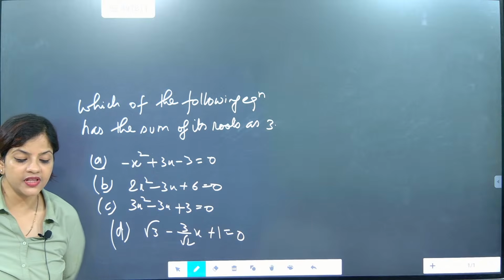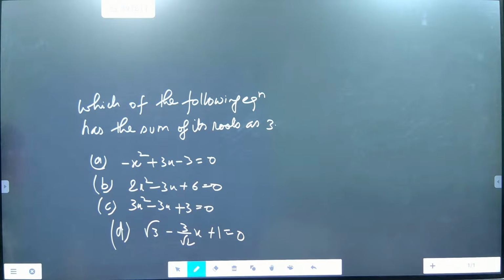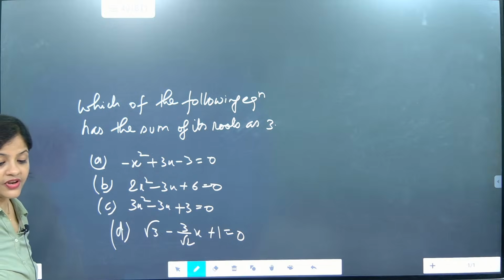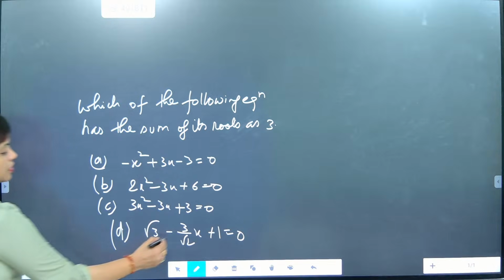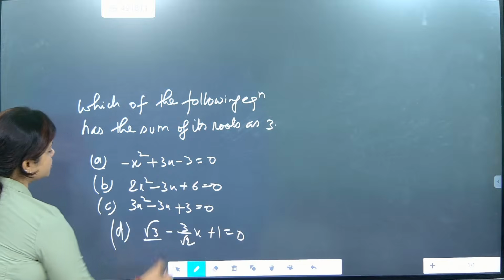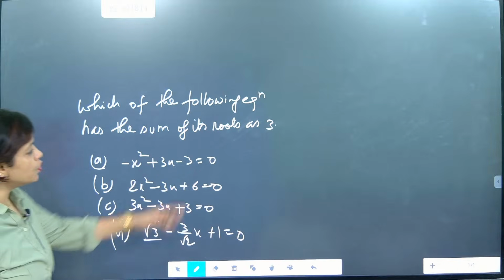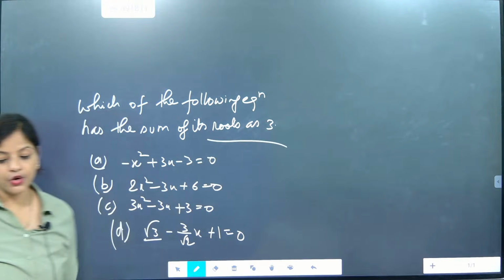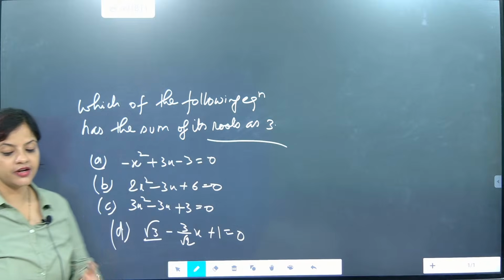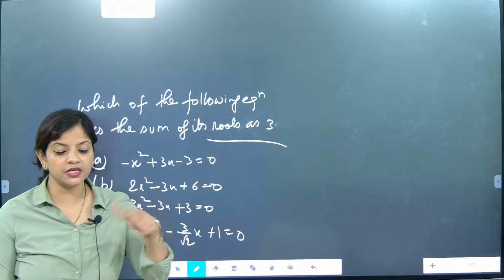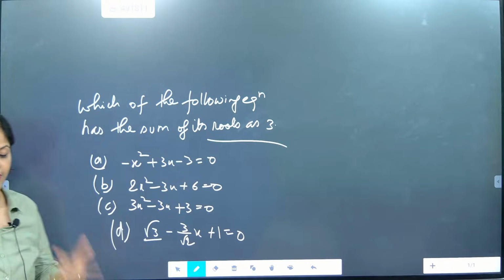Okay, Maha has given the answer first. No, this is root 2 and this one is root 3. But they are telling roots as 3. Please understand, roots as 3 means zeros. That's the solution they are talking about.